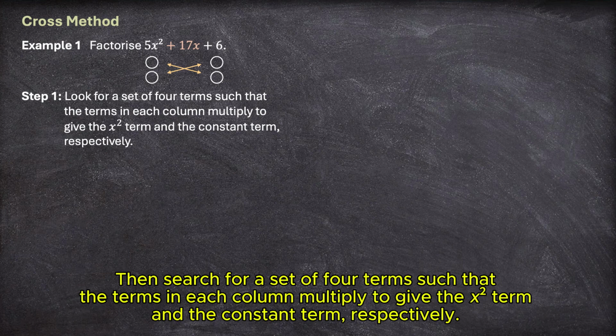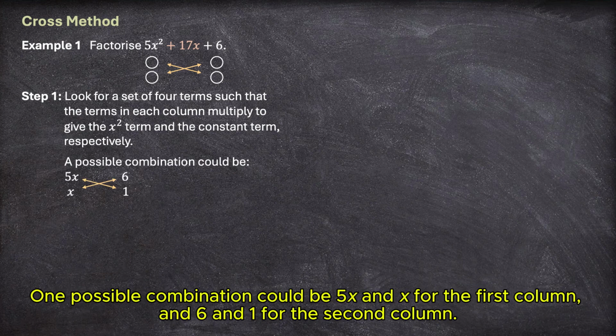Then search for a setup of terms such that the terms in each column multiply to give the x squared term and the constant term, respectively. One possible combination could be 5x and x for the first column, and 6 and 1 for the second column.